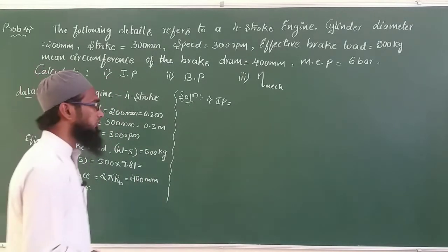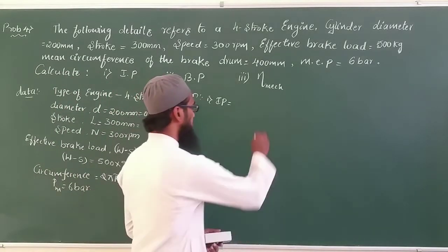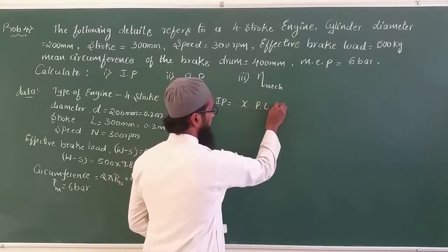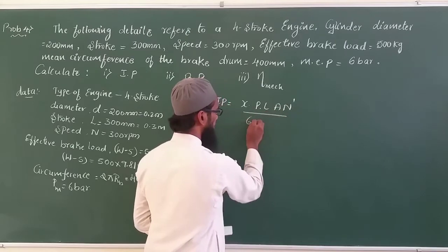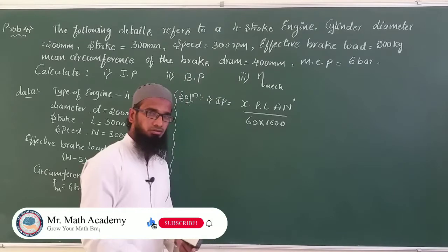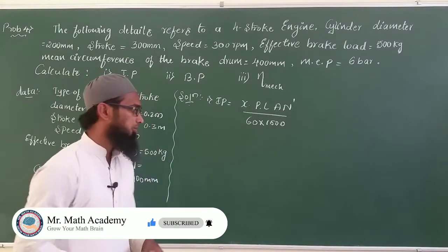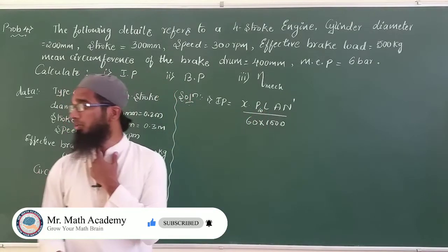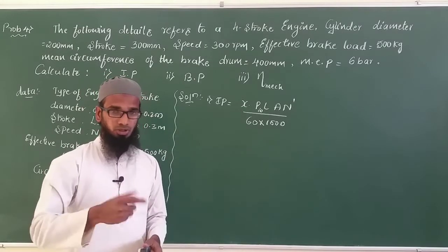Now we find the indicated power first. We know that the indicated power is given by X P L A N dash by 60 into 1000. We'll have different formulas based on simplification. Here X indicates the number of cylinders.